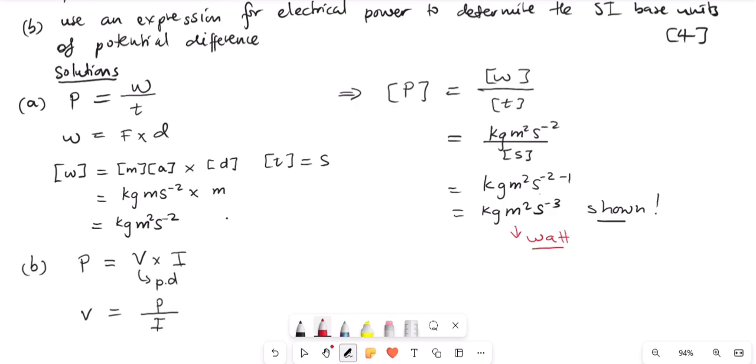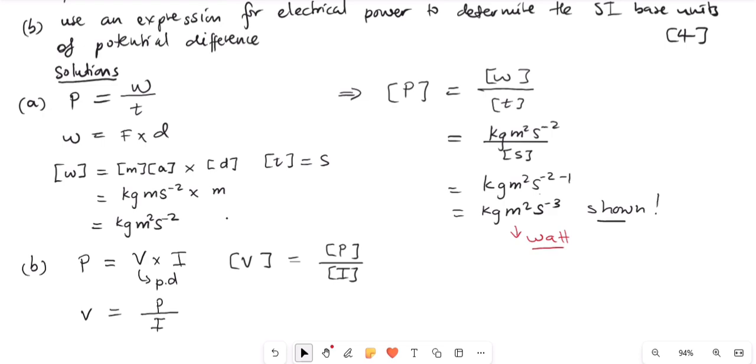The question said use an expression for electrical power to determine the SI unit of potential difference. So we're just taking it from what we have on our previous question. The unit for the potential difference will be the unit for power divided by the unit for current. We can decompose current using charge in time, but that will take us back.